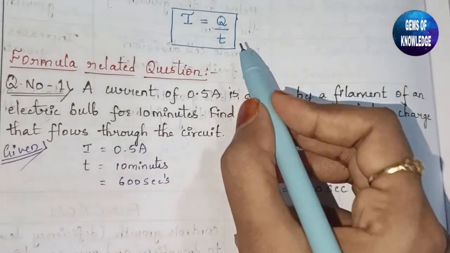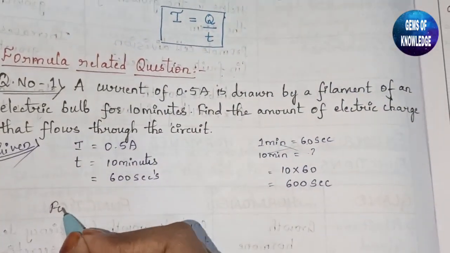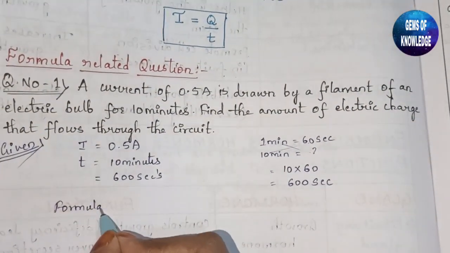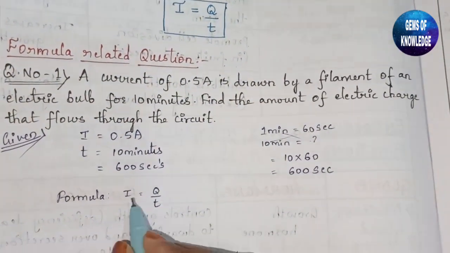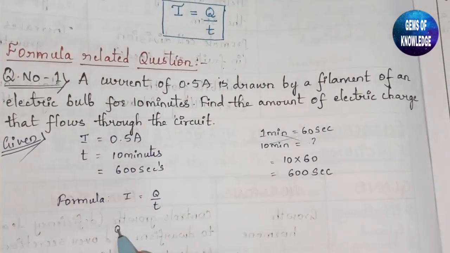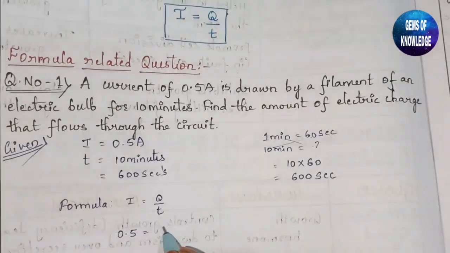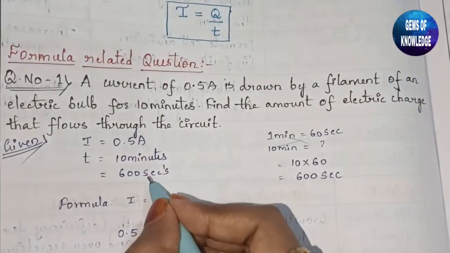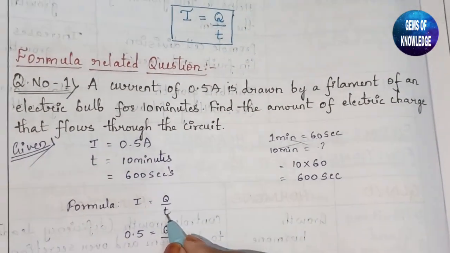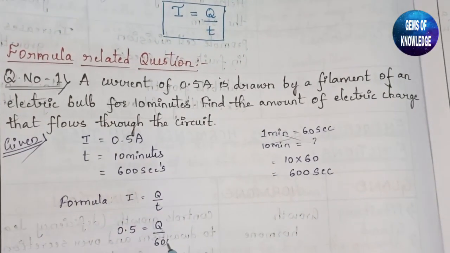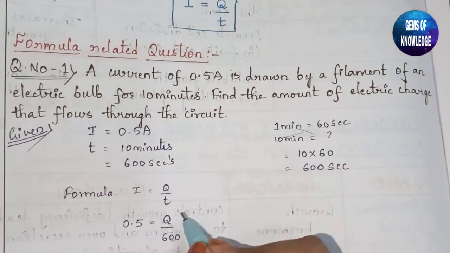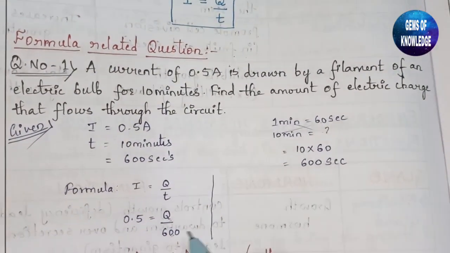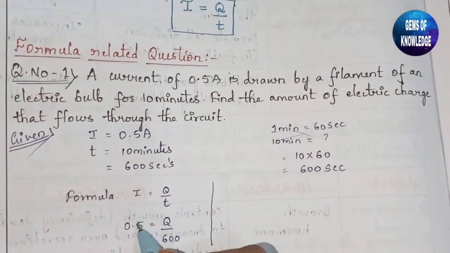Now let us apply the formula. I is equal to Q by t. So I value is 0.5 is equal to Q, we don't know, we need to find out Q, and t is 600. Now what we will do is move this to this side.